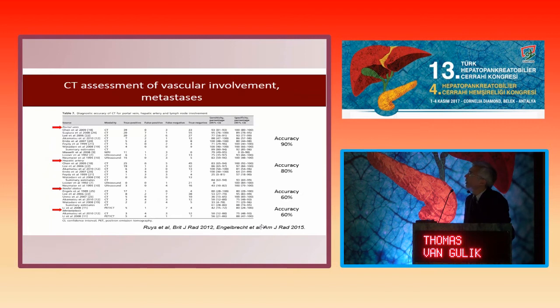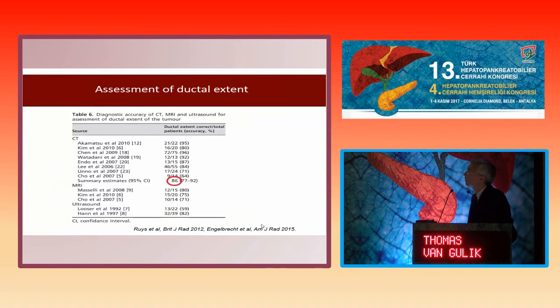Imaging studies. We've heard a lot about MRI this morning, but there are only few solid studies about MRI in detection of PHC. Most of the studies involve CT assessment, and when you look at the CT results, you see that there's quite a high accuracy of a CT scan to detect vascular involvement and metastasis.